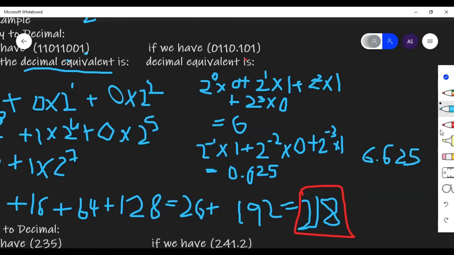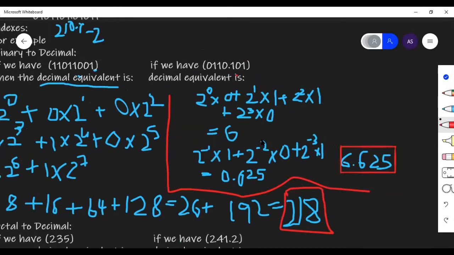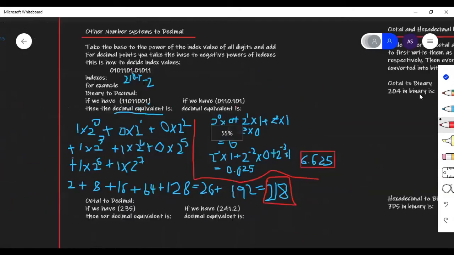Okay, so that was the first and second part. This is the process you have to repeat for any number system when you have to convert it to decimal. Let's talk about octal to decimal. Octal to decimal will follow the same procedure, and here our base will become 8.